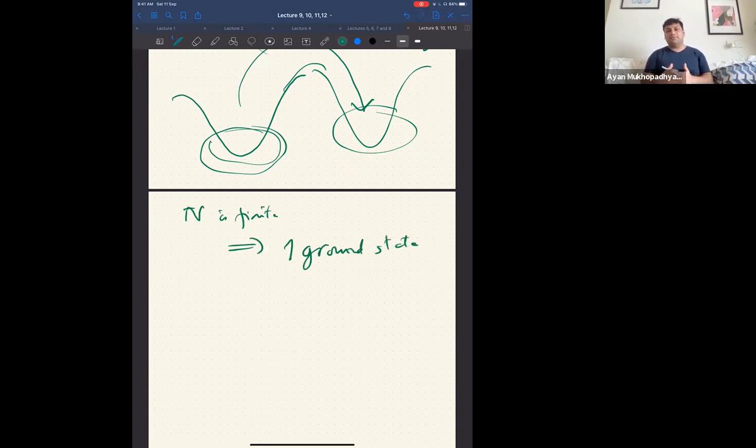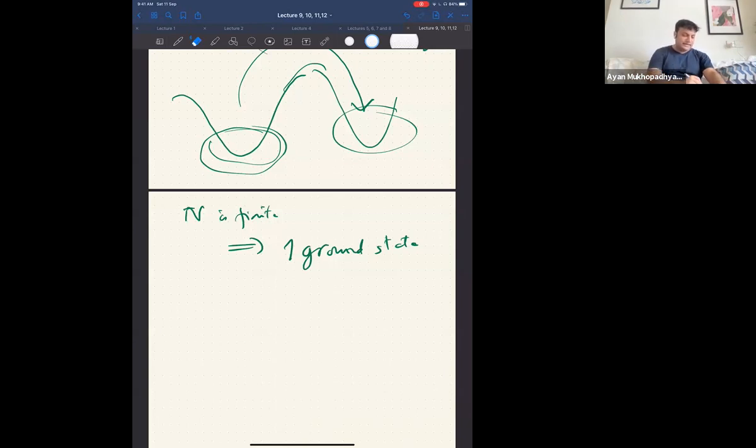Sometimes you can have more than one, but typically it is finite, not infinite. Even if the potential itself has many minima, the number of ground states is typically small. That's because of tunneling, right? You can tunnel from one to the other, and there are amplitudes, and they mix these things, and therefore only a linear superposition of being here and there is actually a true ground state of the system.